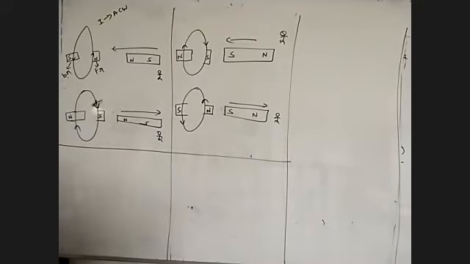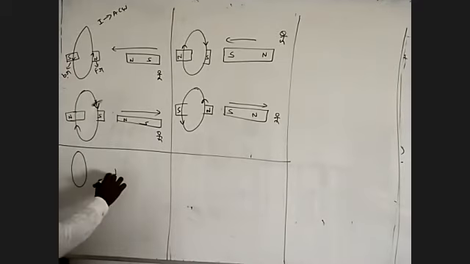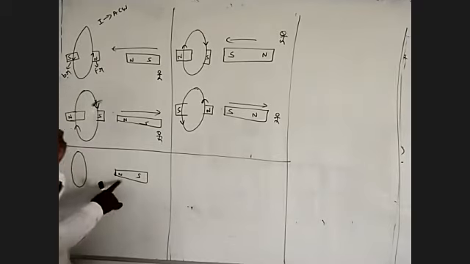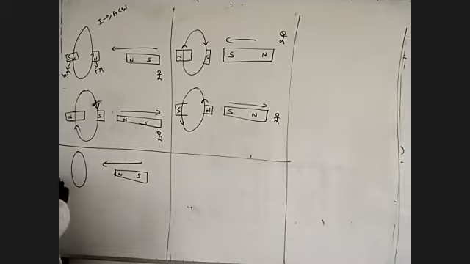Now in this second situation, this is the north pole of the bar magnet, moving in this direction. The observer is standing at the back. The front ring acts as a north pole, but the current is in this direction.